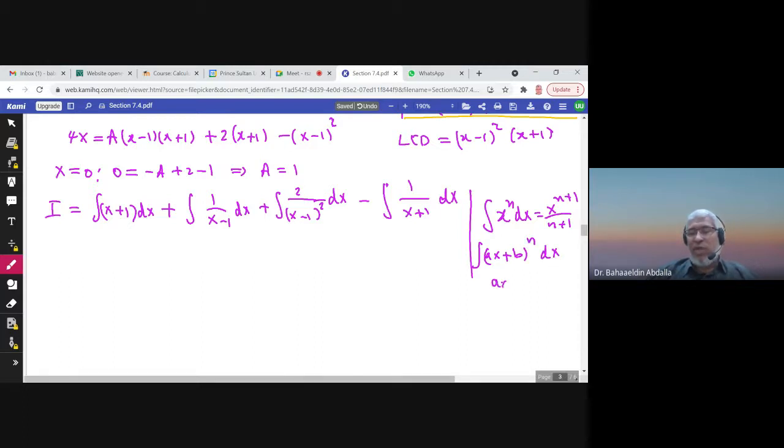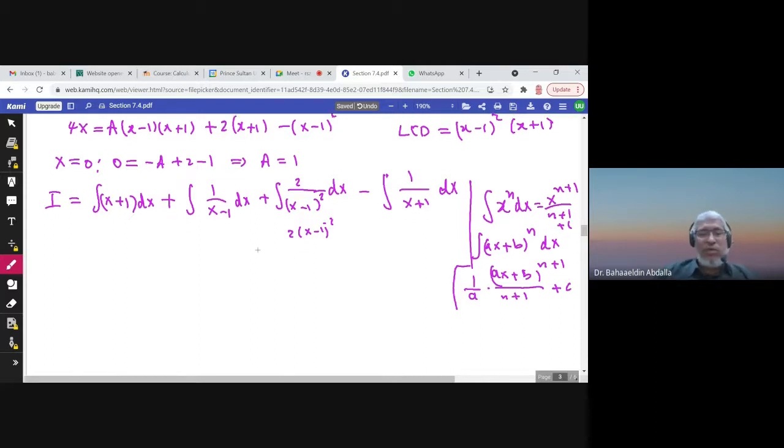It would be (ax plus b) to the power n plus 1 over n plus 1, but we need to divide by a, or the derivative of ax plus b. So that would be the integral, all right? Of course, there is a plus c always. This would be the integral. So this one, I will write it (x minus 1) to the power -2. So I will write it like this, okay?